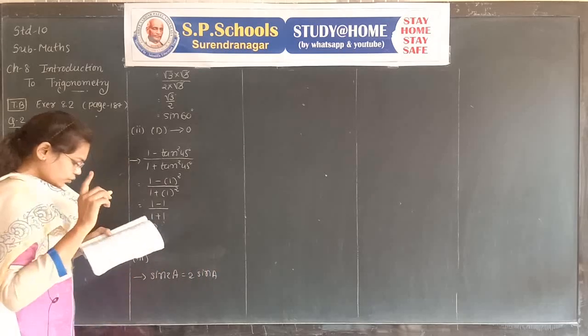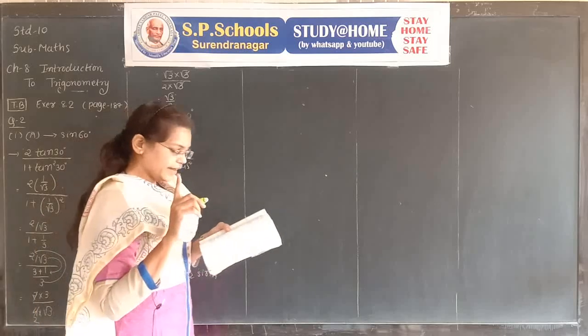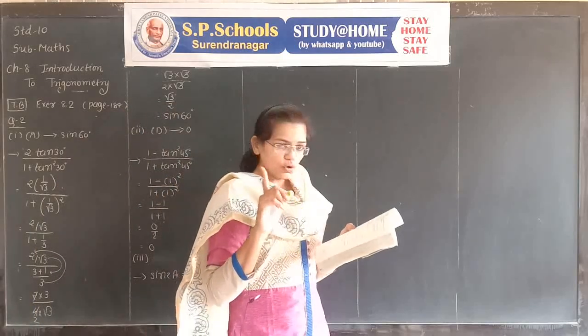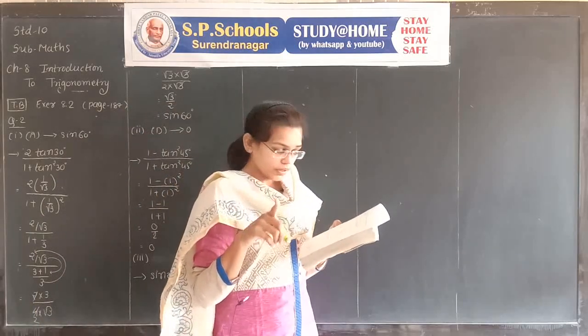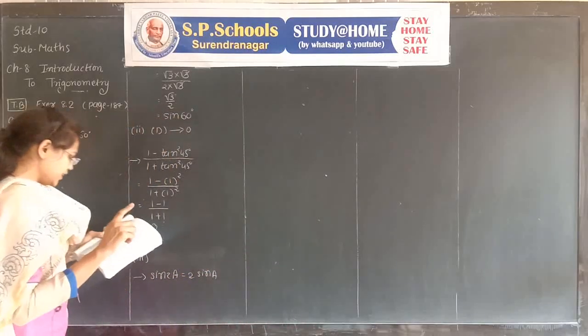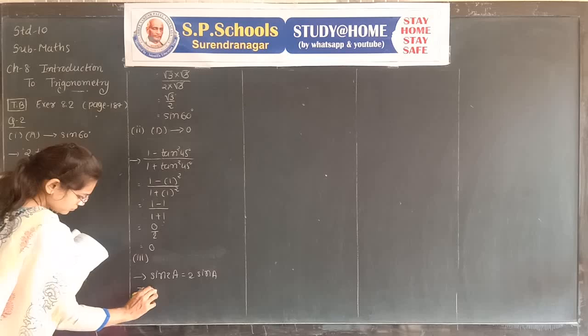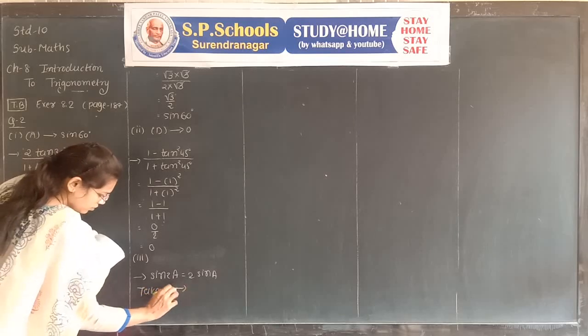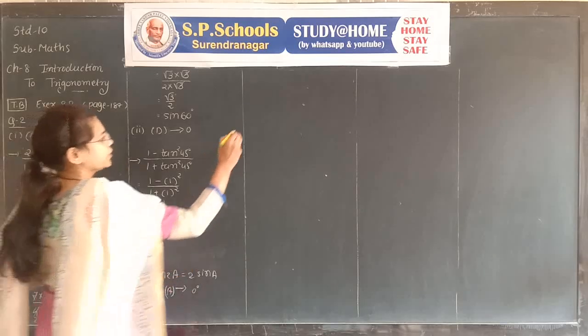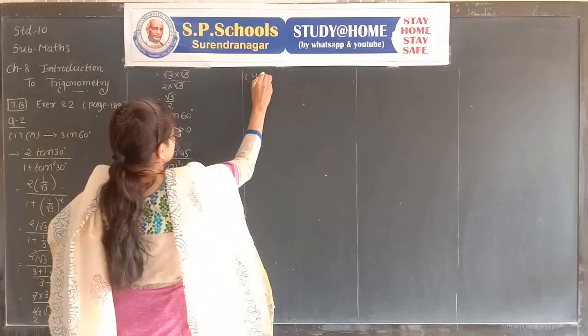It is true for only one value of A: 0, 30, 45 or 60. First take option A, which is 0. Take A as 0 degree. Solve the left hand side.